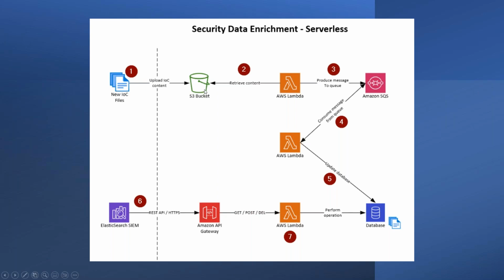As soon as they reach the bucket, we have a Lambda written to retrieve the deltas of that IOC information, produce a message, and send it to a queue using Amazon SQS, or Simple Queue Service. Then we have another Lambda that is executed by this event, when something reaches SQS, to consume the message and update my backend database.